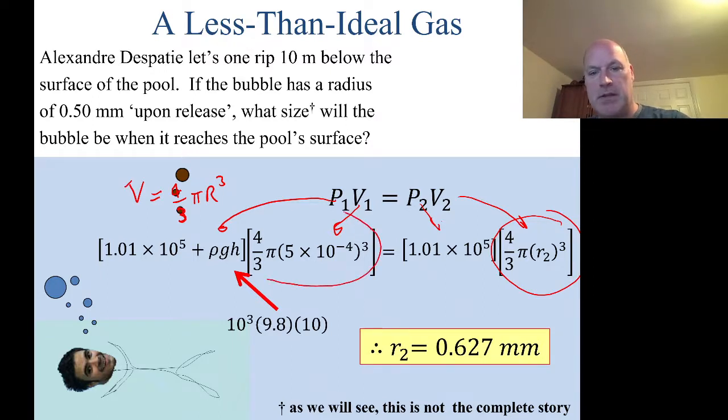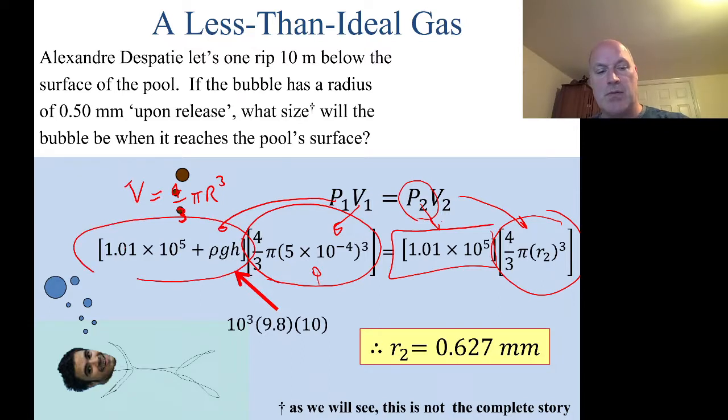Over here they plug in the equation for the volume at the bottom, where you plug in the number that you know, and the pressure at the top, you plug in your number over here, and the pressure at the bottom, you write down as 1 atmosphere, 1.01 times 10 to the 5, plus rho gh, and then you plug those numbers in. So you just plugged all of the numbers in, and then you have this big equation, and you say, we've got to solve for this. And then nothing's written down, just solve for R2, there's the answer.